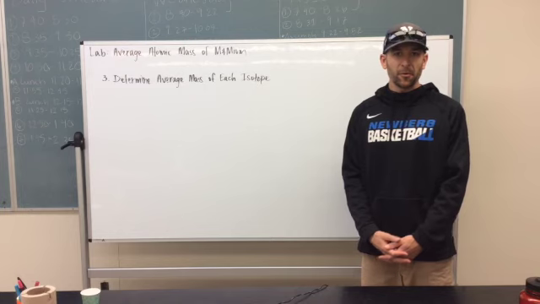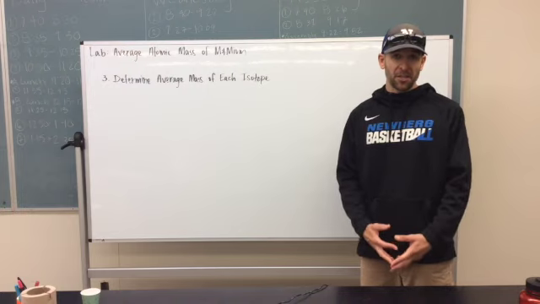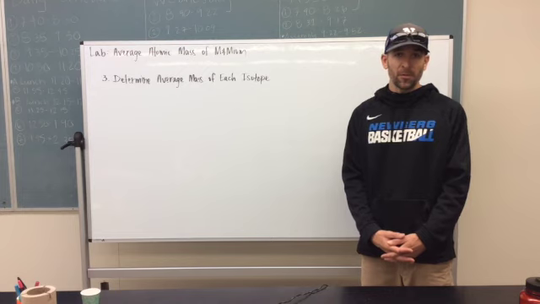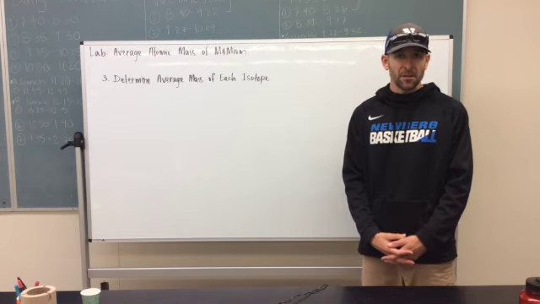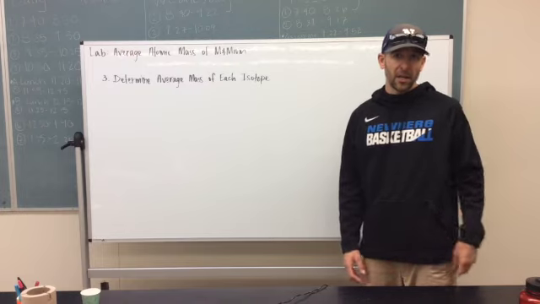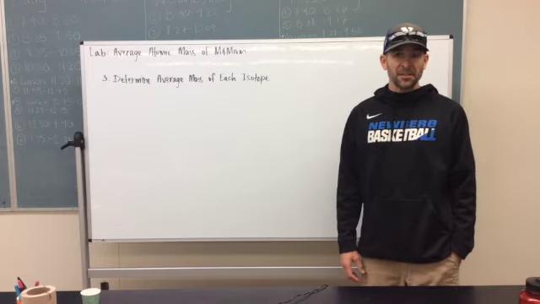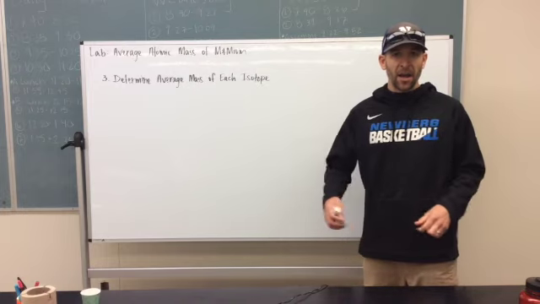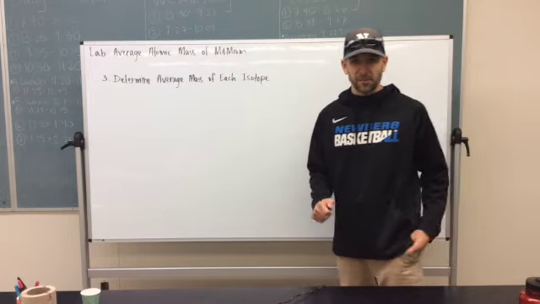In step 3 of your procedure, you will be determining the average mass of an atom of a particular isotope. In this video, I'm going to help you do this for your plain M&Ms. In order to determine the average mass of one plain M&M, we need to take the total mass of our M&Ms and divide it by the total number of M&Ms.